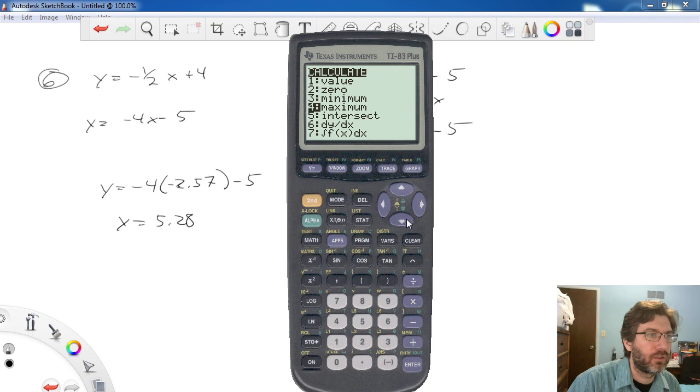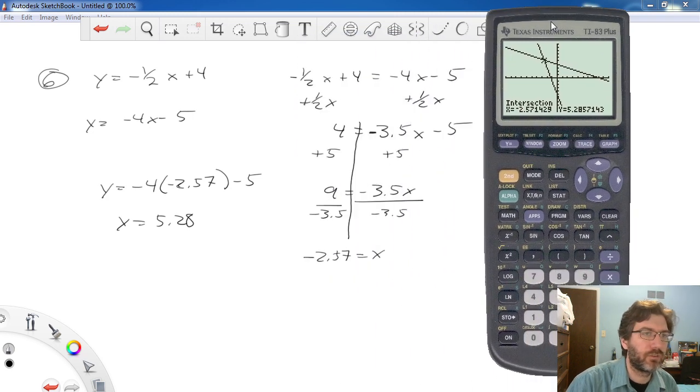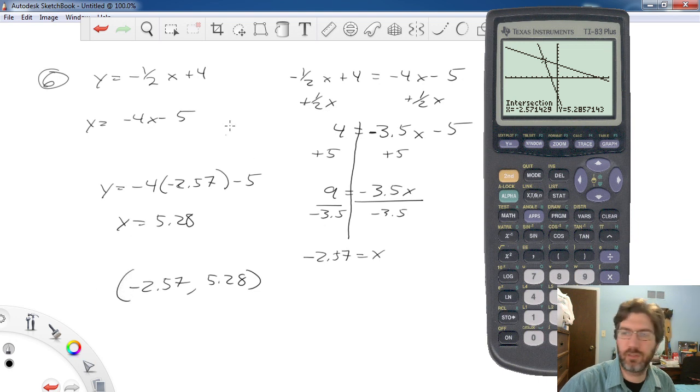Second calc, intersection between that line and that line, we are getting, yeah, I'm getting the same answers I got. My x value is negative 2.57, and my y value is 5.28. So that's what I'm getting, Jack.